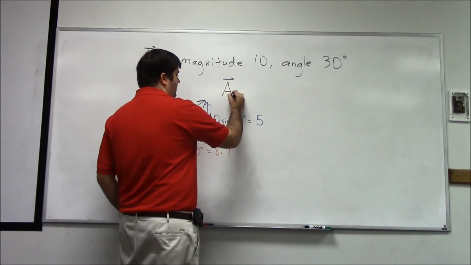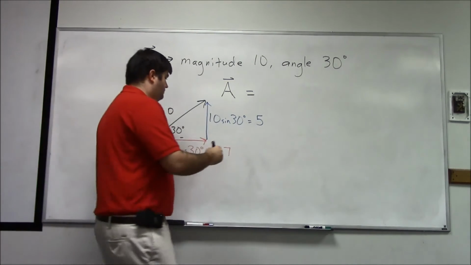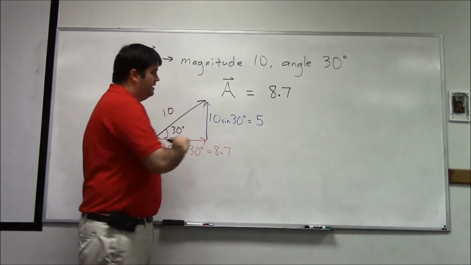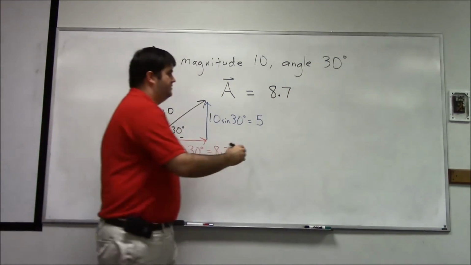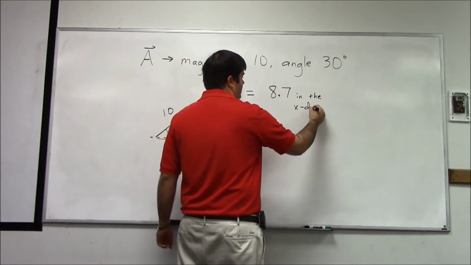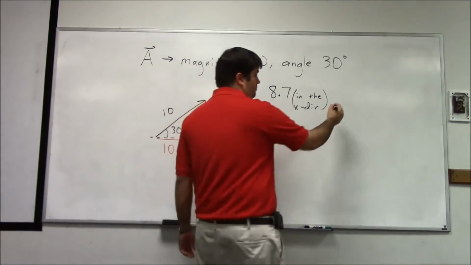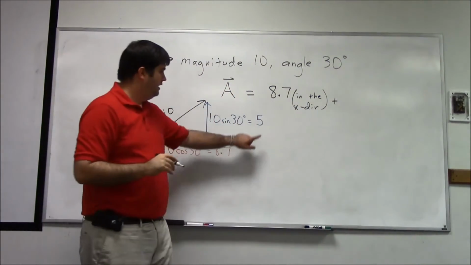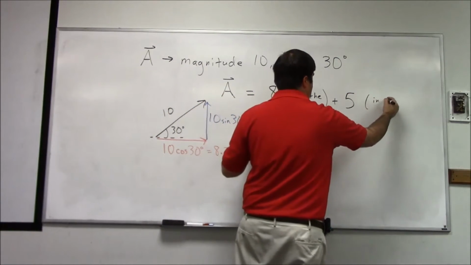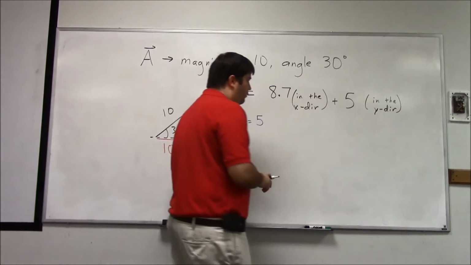I might say that vector A consists of, or equals, an 8.7 magnitude vector in the x direction, and also plus a magnitude 5 vector component in the y direction.